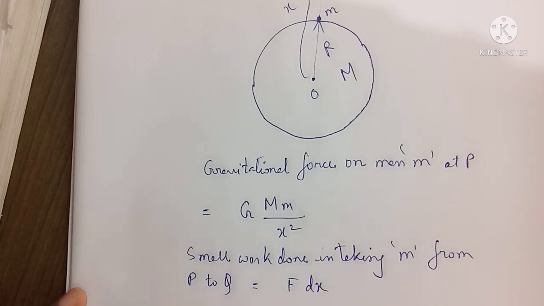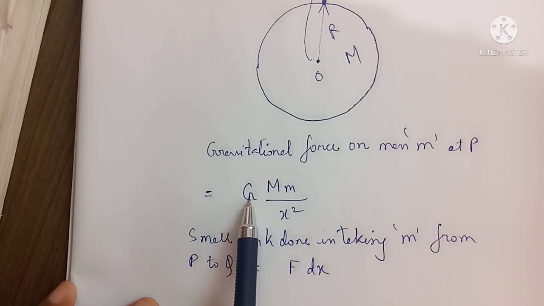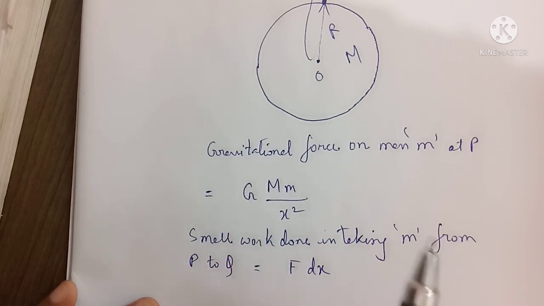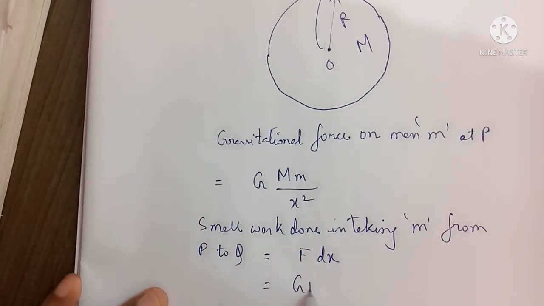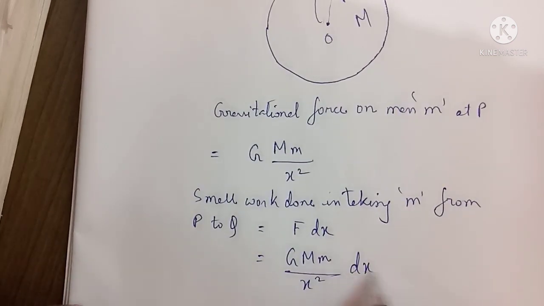The distance PQ is dx, and the force is more or less constant for the small distance. That's why we can write dW equals GMm by x square into dx.